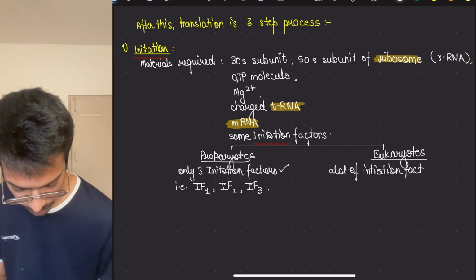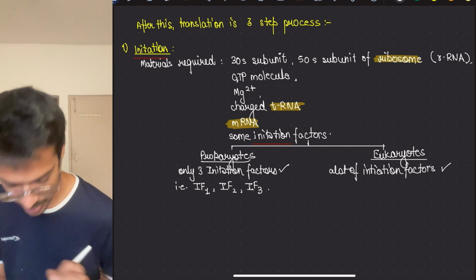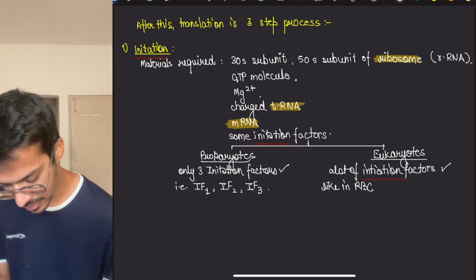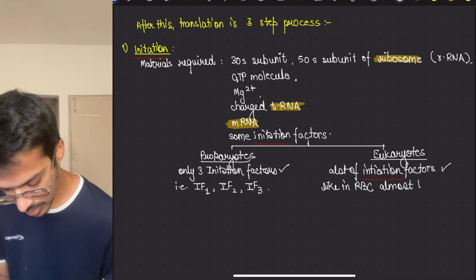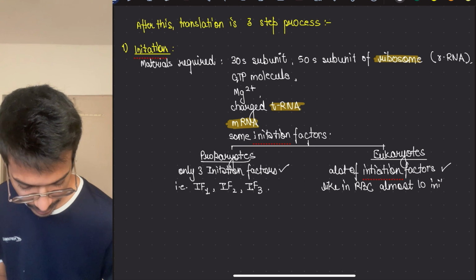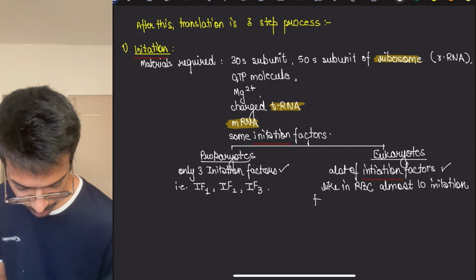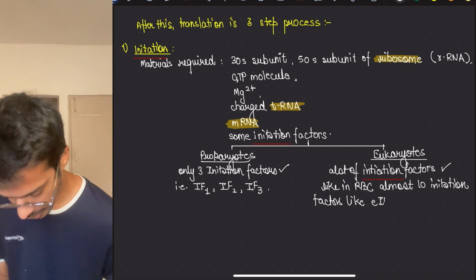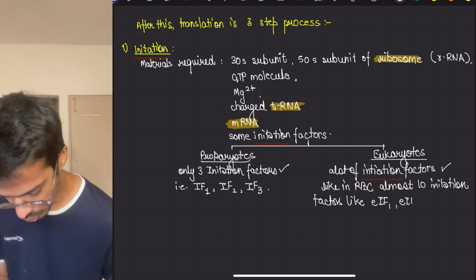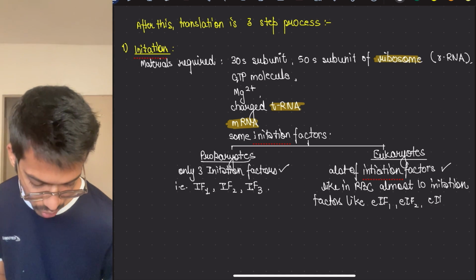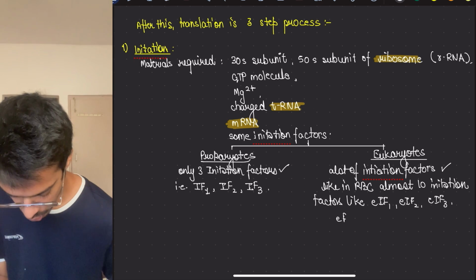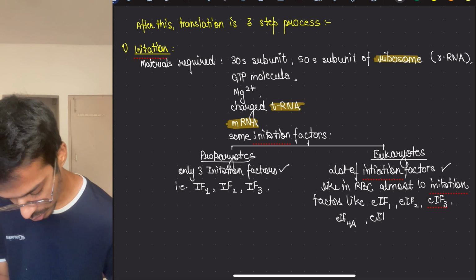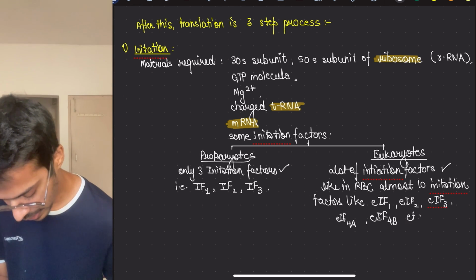A lot of initiation factors are present, like in RBCs, almost 10 initiation factors: eukaryotic initiation factor 1, eukaryotic initiation factor 2, eukaryotic initiation factor 3, eukaryotic initiation factor 4A, eukaryotic initiation factor 4B, and so on.